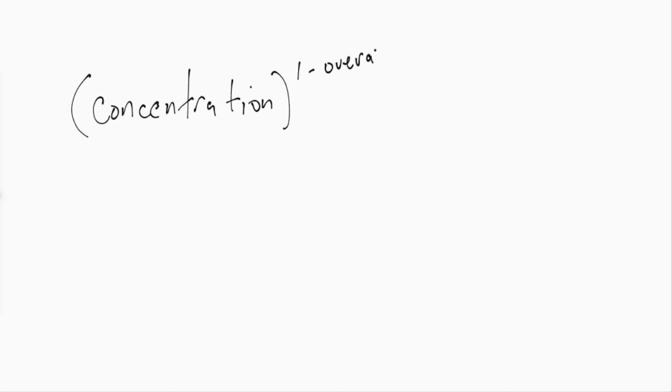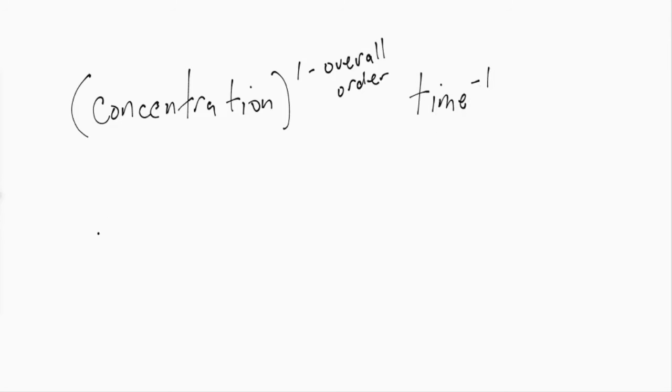Here's how you find the units for the overall order. The way I like to remember it is concentration to the power of 1 minus the overall order times whatever time you're using, per time, which we can just move up here.